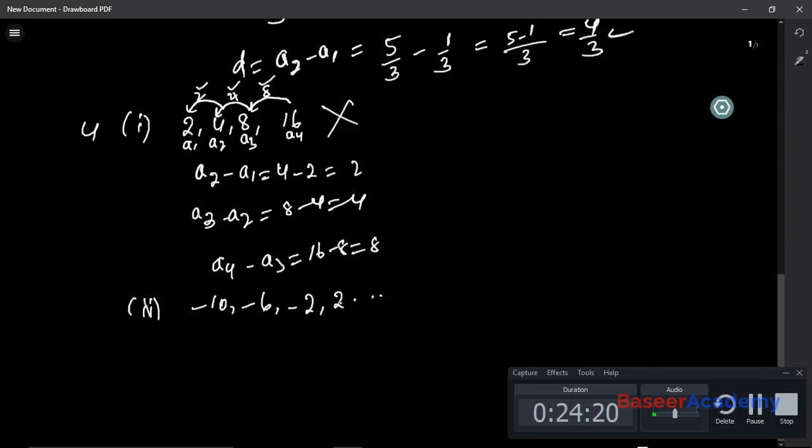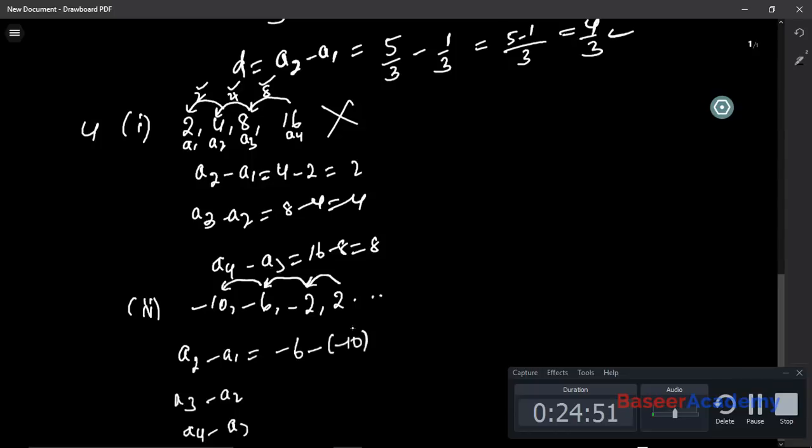To show that, we have to make sure the common difference is the same. Let us find out A2 minus A1, A3 minus A2, A4 minus A3. So from the second term I'm subtracting the first, from the third term I'm subtracting the second, and from the fourth term I'll subtract the third, just to see if the difference is the same.